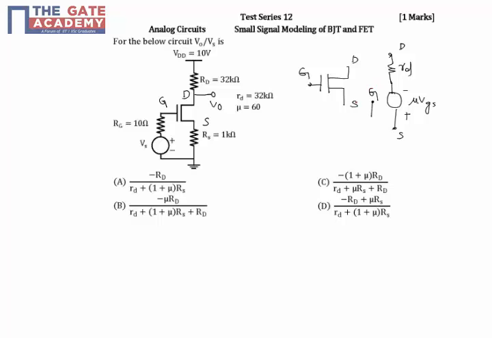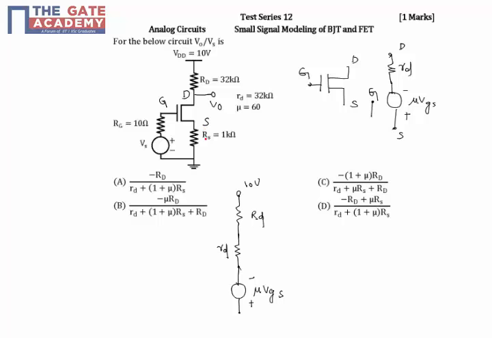So this is G. Now I'll exactly replace this with this circuit. So this will become RD. On the top of that you have capital RD. This is connected to a DC voltage of 10 volts, and here minus plus mu into VGS, small gs or capital VGS. Then after this is the source terminal.